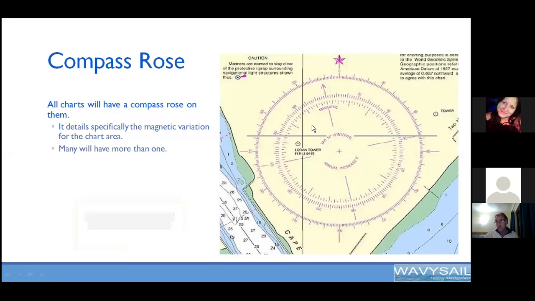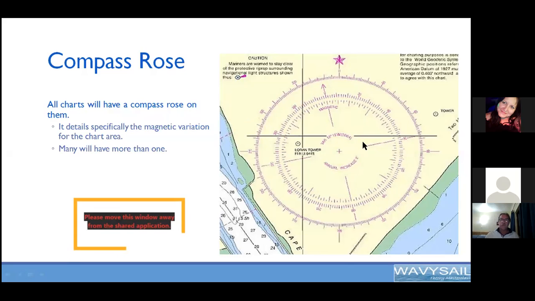Many charts will have more than one compass rose because the magnetic variation will change on that area of the chart. So if you look at the West Coast chart from here up to Mykonos or to Longitude, I think it's got 2, maybe 3 compass roses on it for the changes in the magnetic variation.